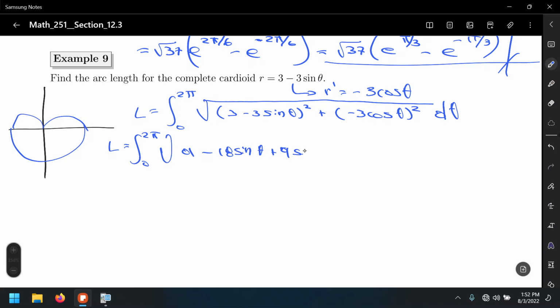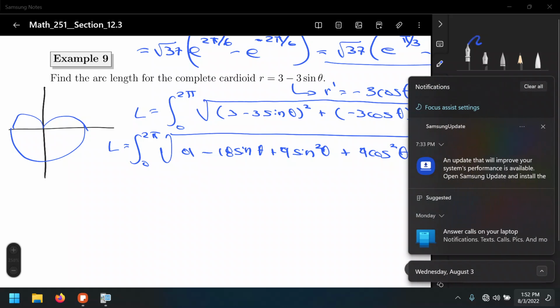Plus 9 sine squared theta, plus, because this negative quantity which is getting squared will become positive, that's 9 cosine squared theta. I know the integral looks a little bit crazy, but trust me, this is what we're going to do from here.